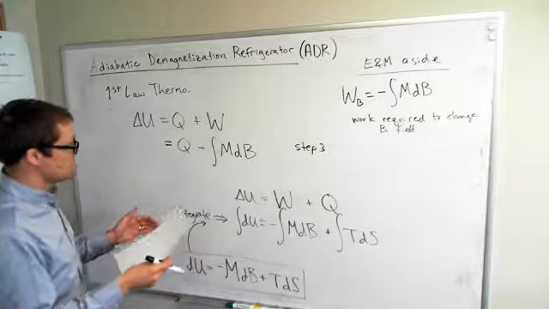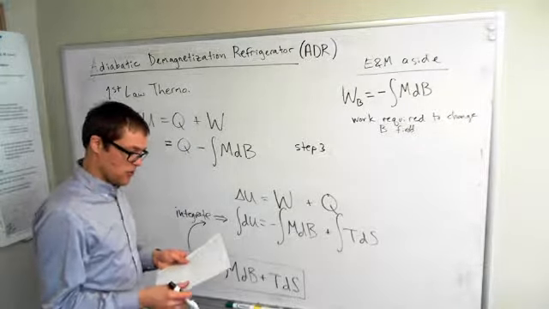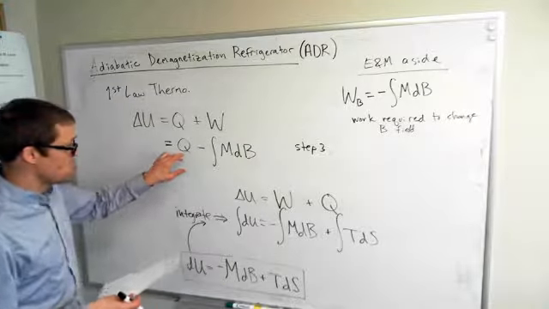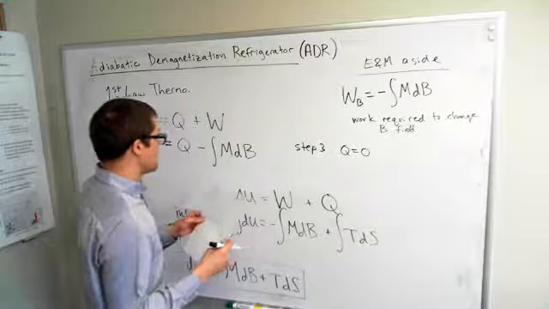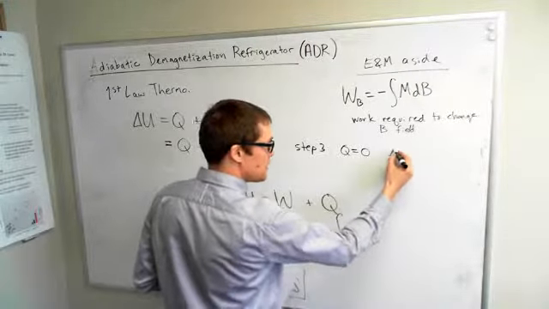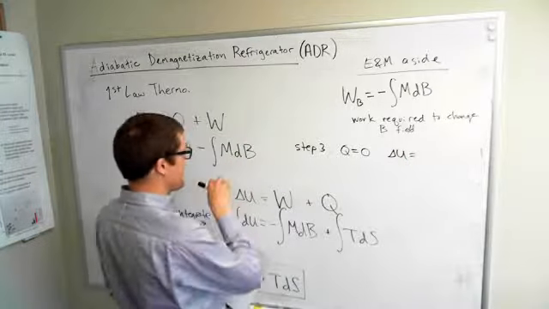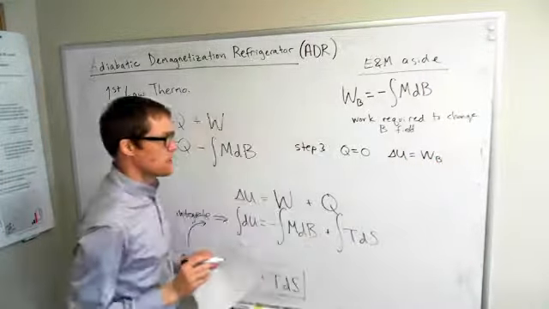In that situation, the system is not in thermal contact with anything else, so there's no heat exchange. So step 3 has Q equals 0, and the energy change of the system is all directly related to the magnetic work that we're doing.